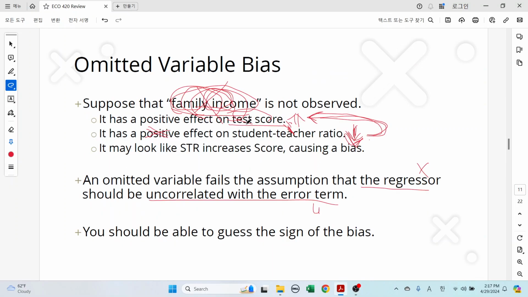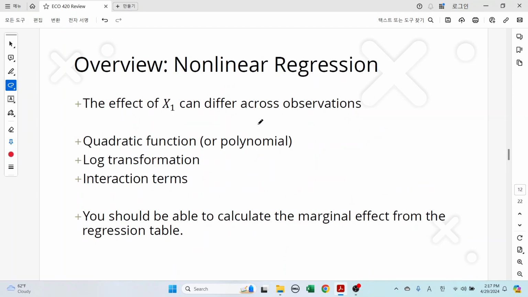Okay, that was the basic regression chapter. Now let's go to nonlinear regression. In nonlinear regression, the main theme is, in regression we are interested in the effect of x on y, but the effect may differ across observations.